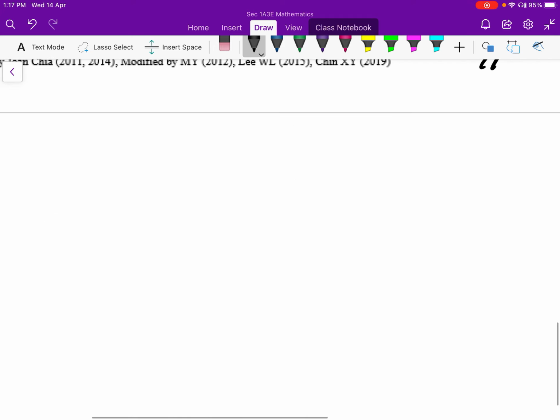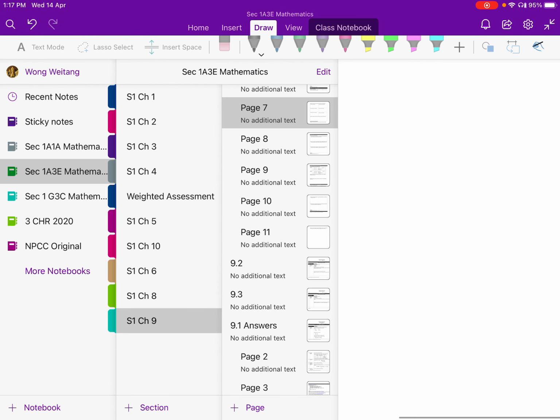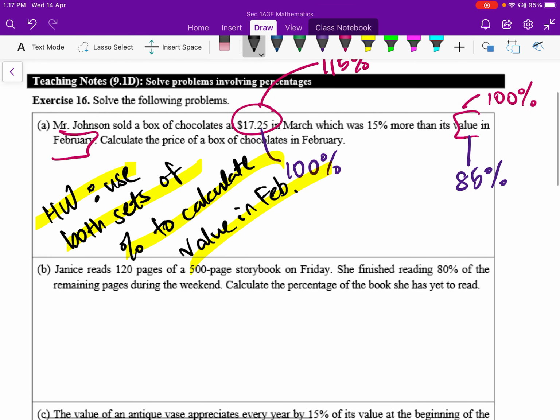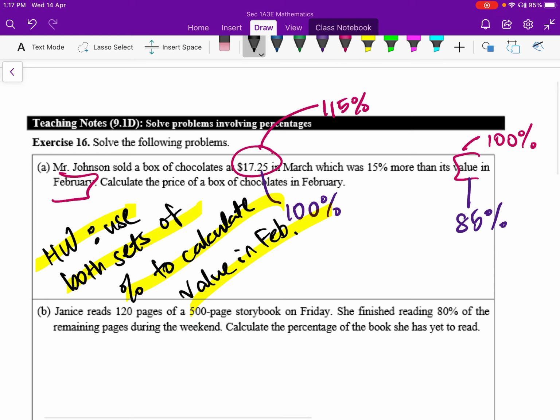Okay, so all these were done. Page 8. I gave you another piece of homework, which is to check whether your answers will be different if you were to set $17.25 as 115%, and therefore the value in February as 100%.